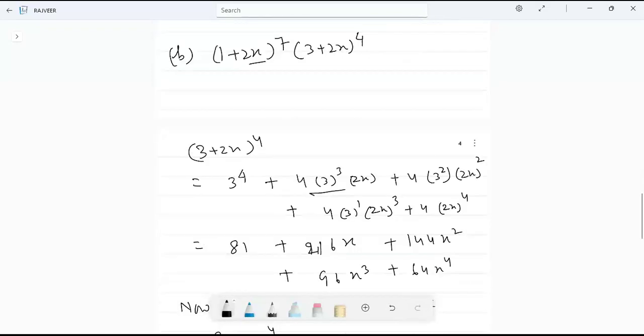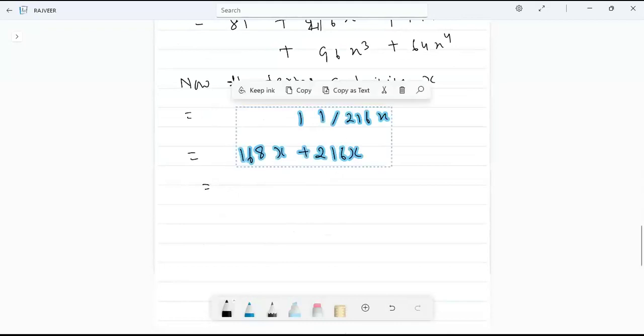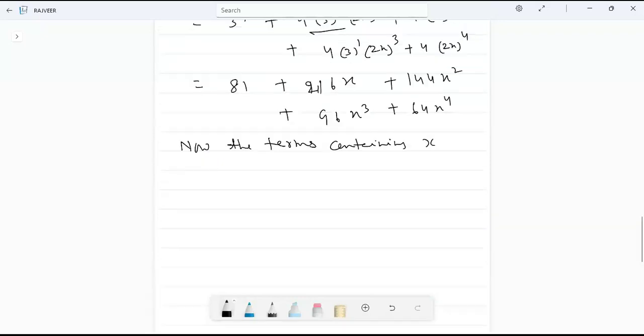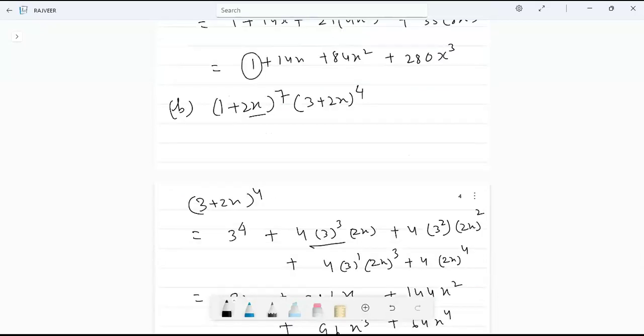Okay, we have wrongly done. Just a minute. See, first we have to take this one, 1 multiplied by this one.